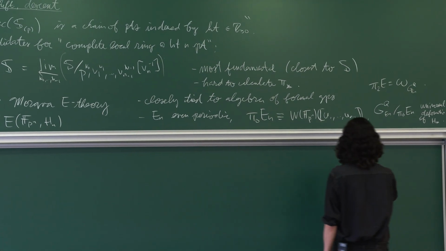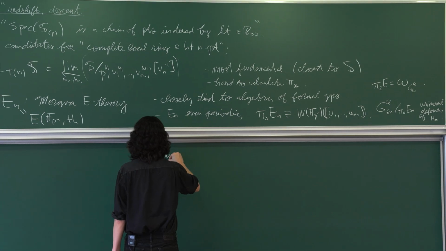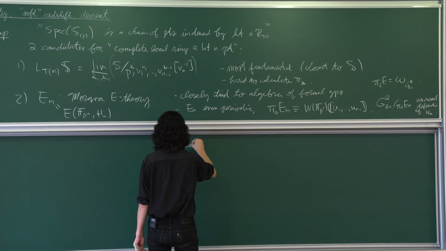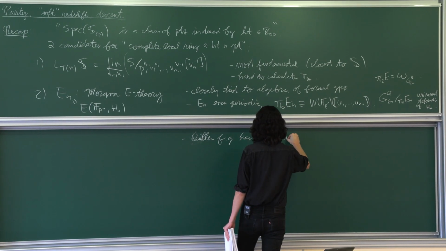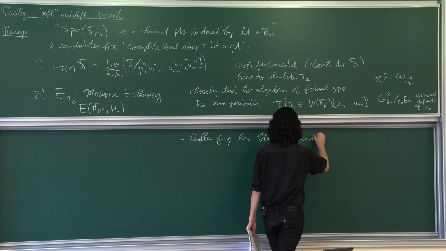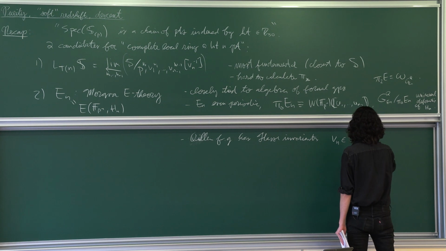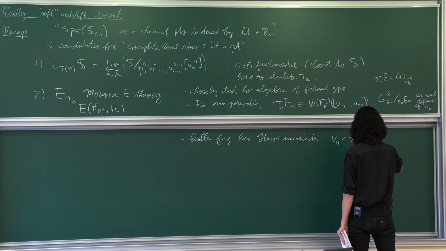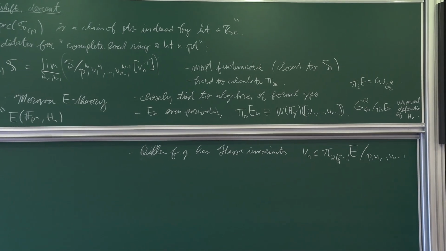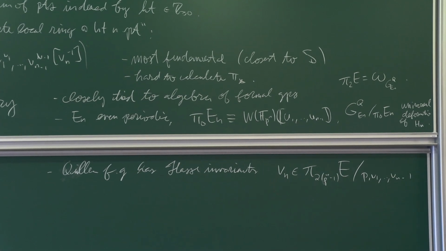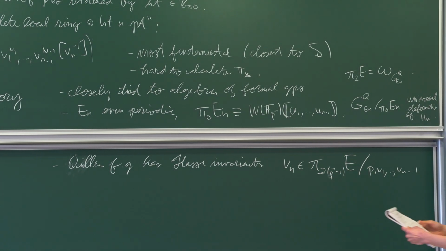And then, yeah, we also have, in E_n, the Hasse invariant, because the Quillen formal group has Hasse invariant. So v_n will be in π_{-2} of (p^n - 1), sorry, minus 2 maybe, I hope I didn't mess something up there.